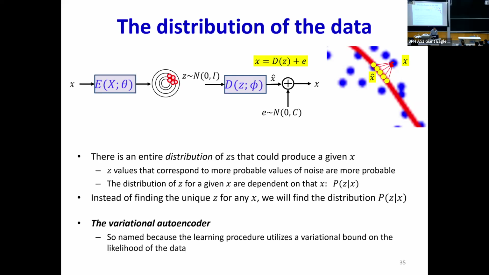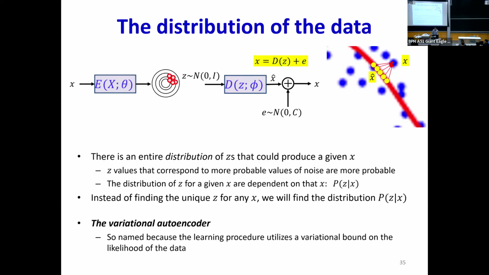And so this is what gives us the variational autoencoder, because this process of finding an encoder that characterizes the distribution of z such that z's drawn from this distribution are most likely to end up being this training instance that you saw utilizes the maximization of a variational lower bound on the likelihood of the data.